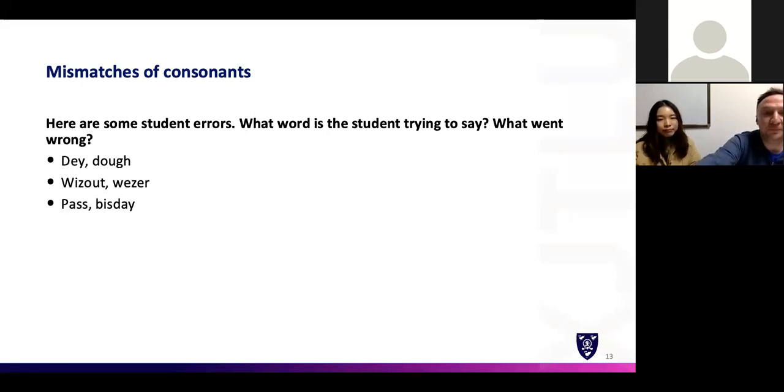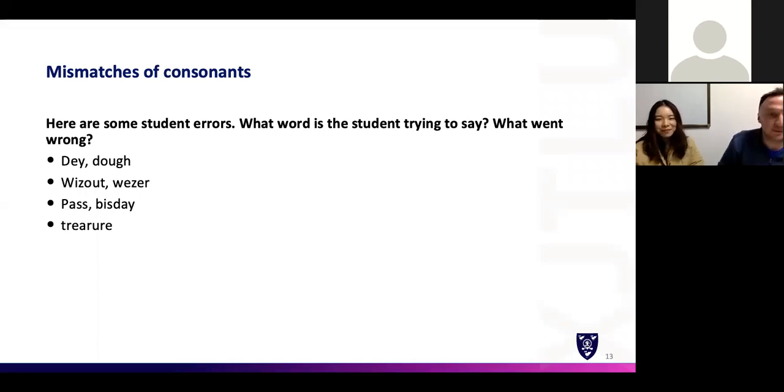Yeah, so another one. This is something you walk on in a garden, a path. The student said pass. And similarly, our birthday. And another one, treasure. What did the student want to say here?